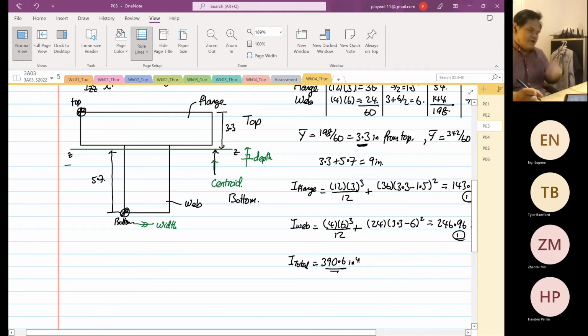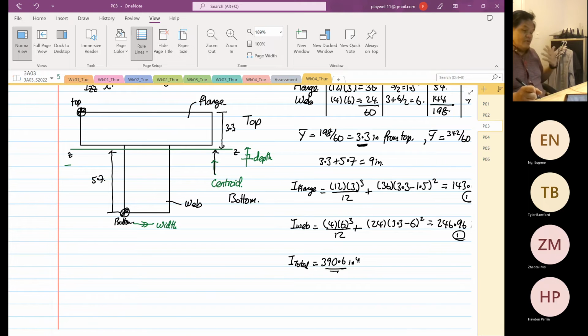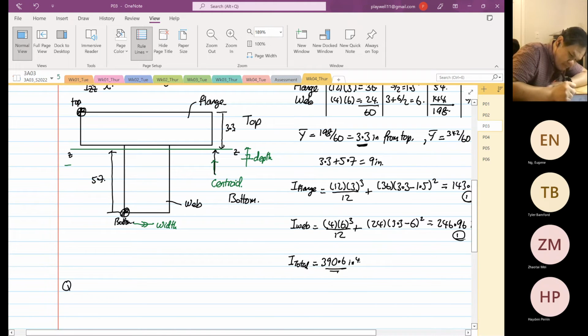To me, the easier one is from the bottom because the thickness is uniform. Let's find Q max from the bottom.